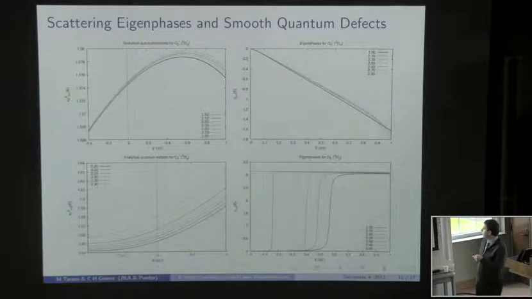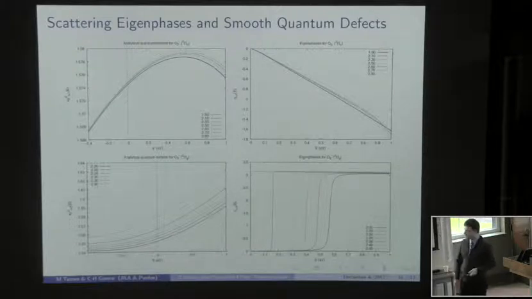Of course, in this symmetry there is no resonance, and the eigenphases for different internuclear separations are smooth, and so the smooth quantum defects are as well. So this suggests that there is a method of the nuclear dynamics that might allow us to treat the scattering in case of resonance and in the absence of resonance in a similar way.